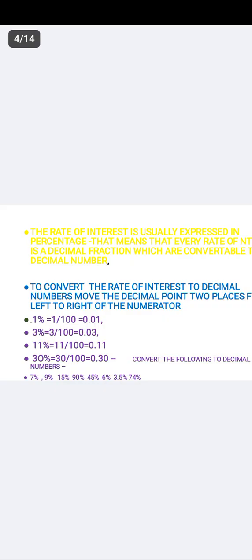That means we count from 1, one, two, and we put our decimal point there. That means 1 over 100 converted to a decimal number is going to be 0.01.